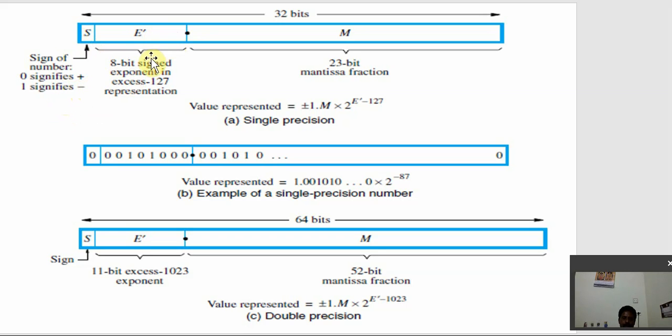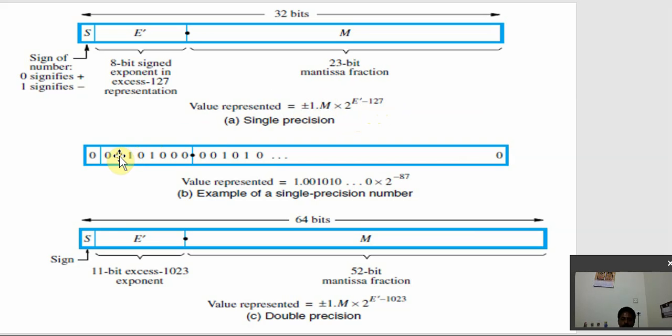Here the exponent is 8 bits, signed, in excess 127 representation, and 23 bits for the mantissa fraction. The value represented is plus or minus 1.M times 2 power E dash minus 127. This is called the single precision format.